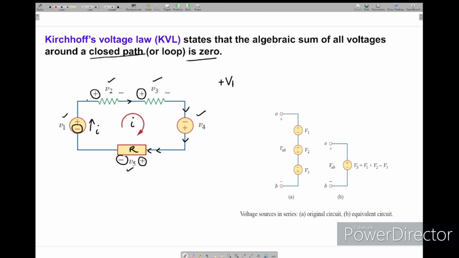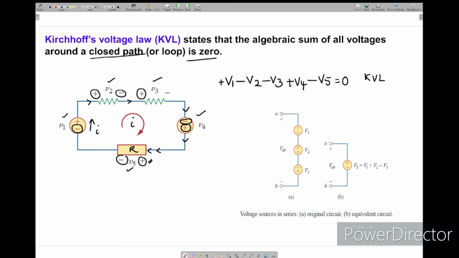Again here the same is continuing, current here it is positive, means we already have 10 rupees, we are coming down 5 rupees, means loss, so we can write minus V2. Again negative to positive, so we are gaining, so plus V4. Again here entering at positive and positive to negative, again we are losing, so minus V5 is equal to 0. This is what KVL is.